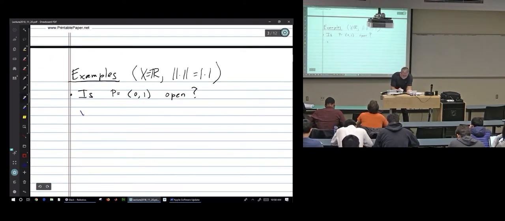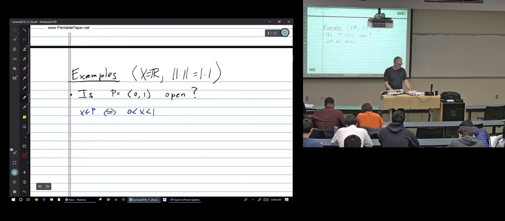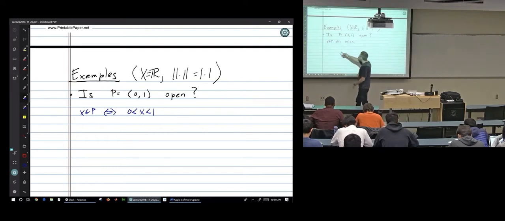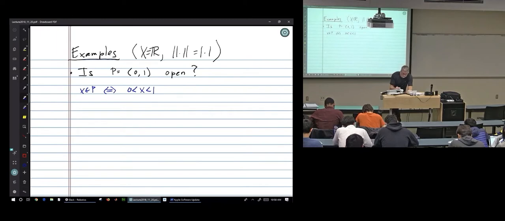So, x is an element of P if and only if 0 is strictly less than x is strictly less than 1. So let me check it by, is x an element of P if and only if x is an interior point by the ball definition.